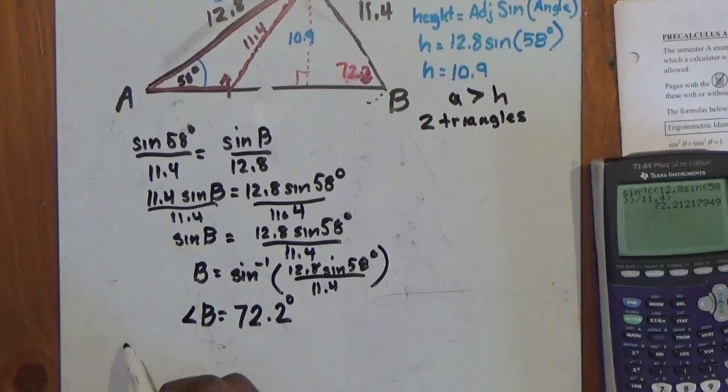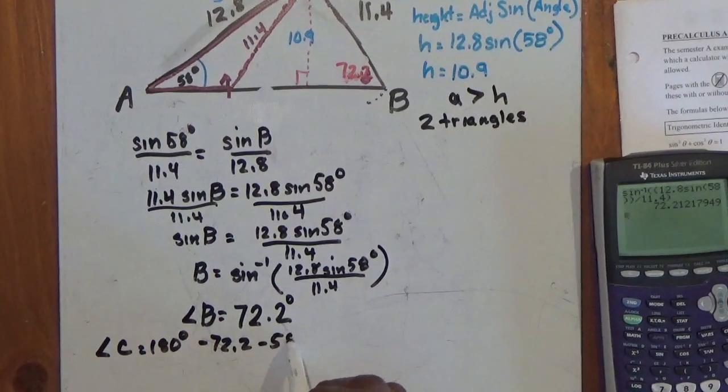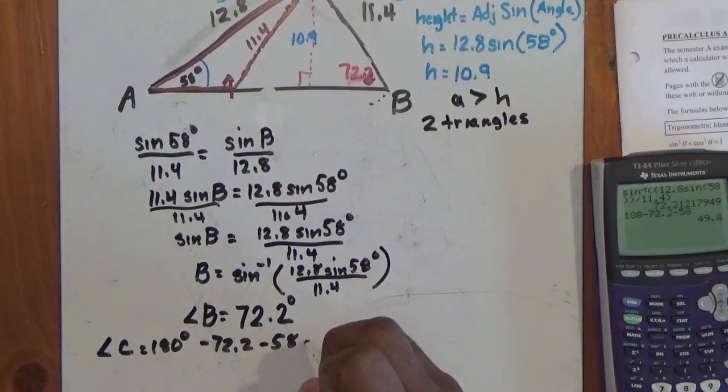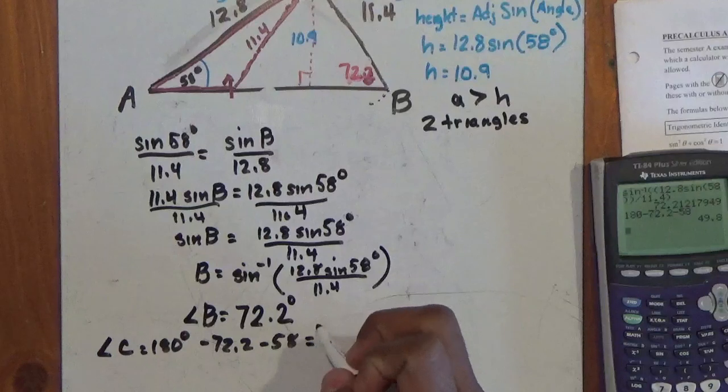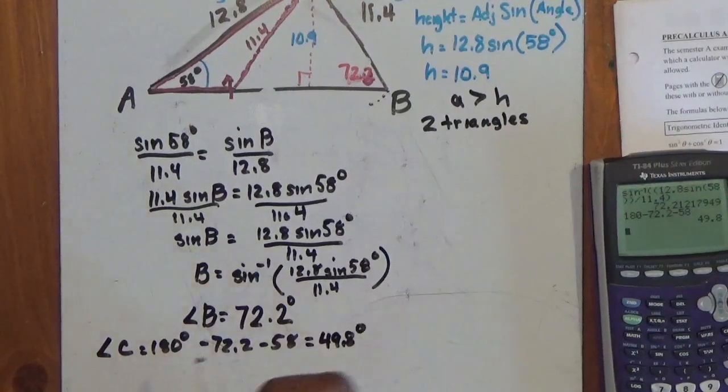Angle C is just 180 minus 72.2 minus 58. That's going to give us an angle C value of 49.8 degrees.